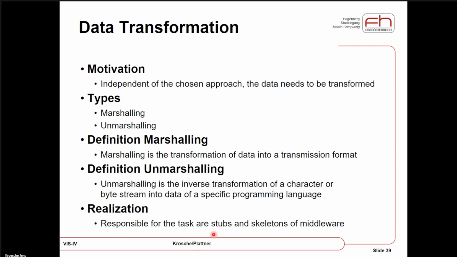So in the world of middleware, these components that are responsible for converting our wishes into byte arrays and back again are called stubs and skeletons. So if you stumble upon a stub or skeleton name, then you need to realize, okay, these are parts of the middleware technology structure.